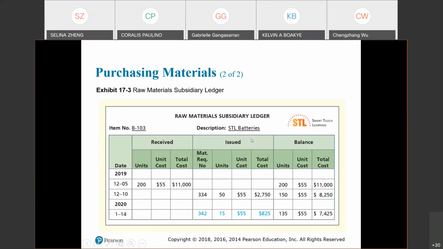The raw materials subsidiary ledger includes a separate record for each type of materials. So there is a separate ledger account for batteries, processors, cases, and other materials used in production. The subsidiary ledger records show the raw material purchased, used in production, and balance on hand.